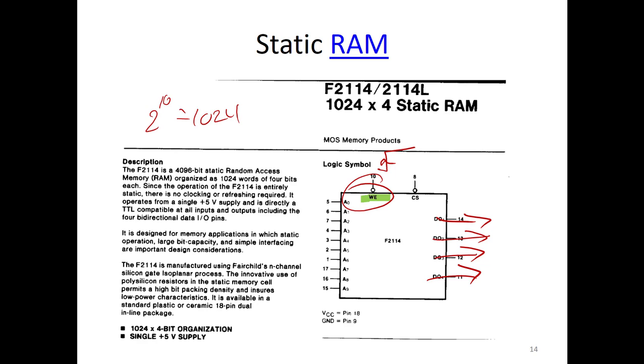So we can control whether we're writing or reading from memory, but it's a dual port. We're going to use the same lines for dropping in data, but also when we wish to read data, we could use those same lines. So this is a bidirectional element.